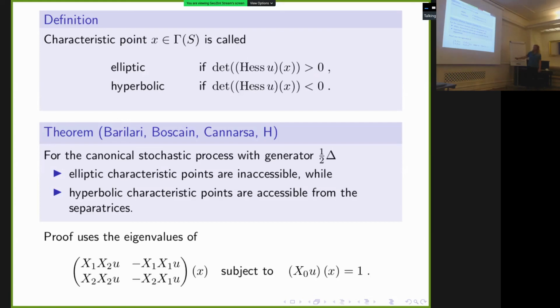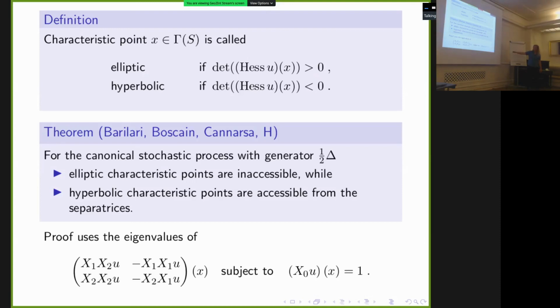What you can do here is look at the eigenvalues of this matrix. This is not the Hessian, but the Hessian multiplied by essentially a complex structure. We normalize this so that x0, which was the bracket of x1 and x2, means the trace of this is 1.